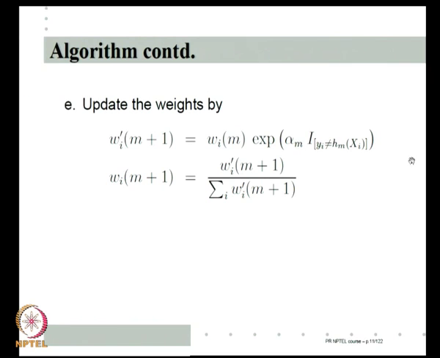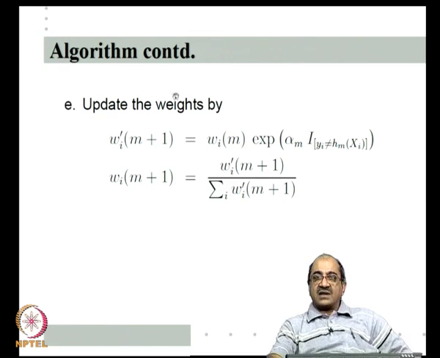If y i is not equal to h m x i, then this factor will be exponential alpha m, and alpha m is greater than 0, alpha m is positive. So, this is greater than 1. Okay. So, w i prime m plus 1 is greater than w i m, and hence after normalization also it will remain.